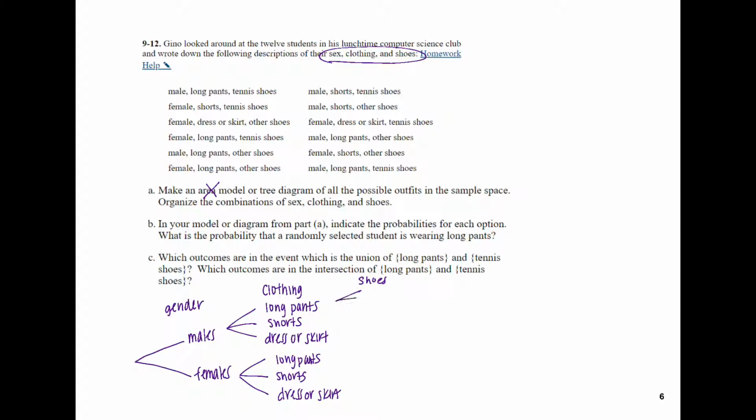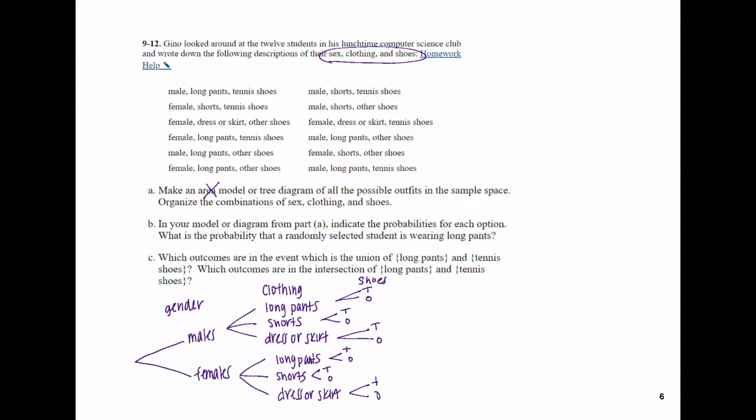So the shoes they can wear are tennis shoes or other shoes, for each choice, and we just completed our tree diagram.